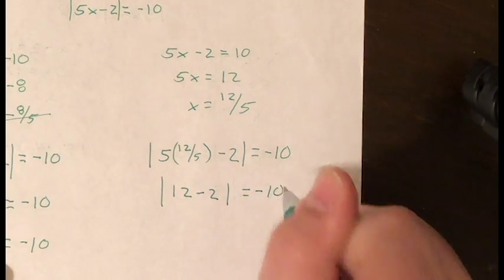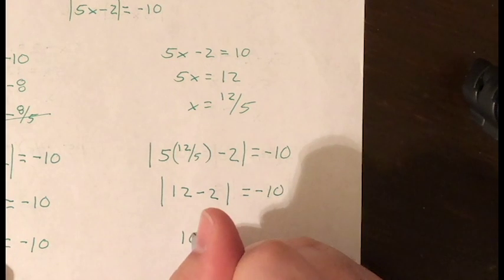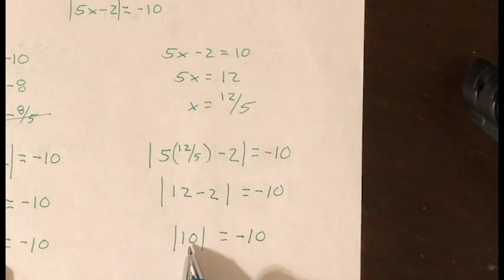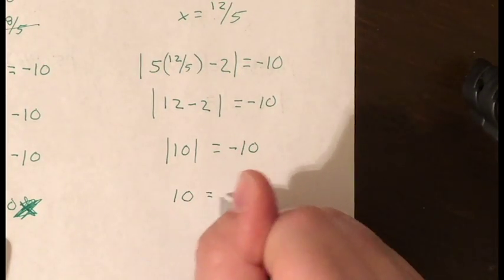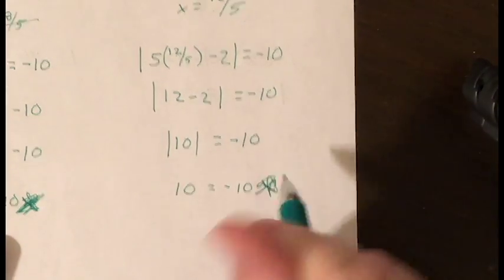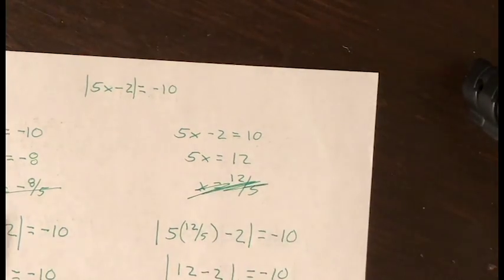Well, 12 minus 2 is 10, and I'm looking for the absolute value. What's the absolute value of 10? Well, it's a positive 10. Does 10 equal negative 10? No, it does not. So x equals 12/5 cannot be my answer.